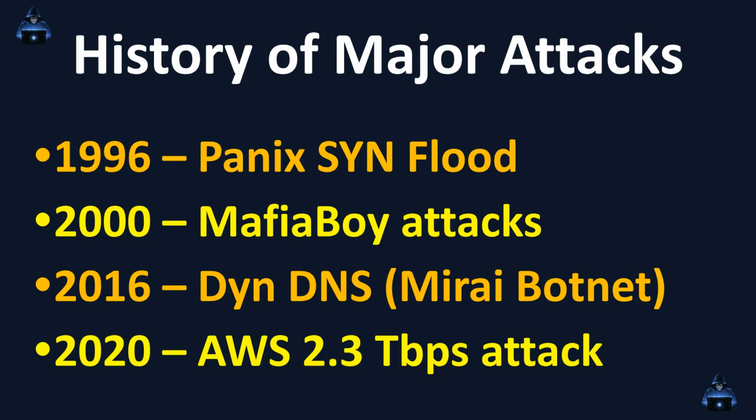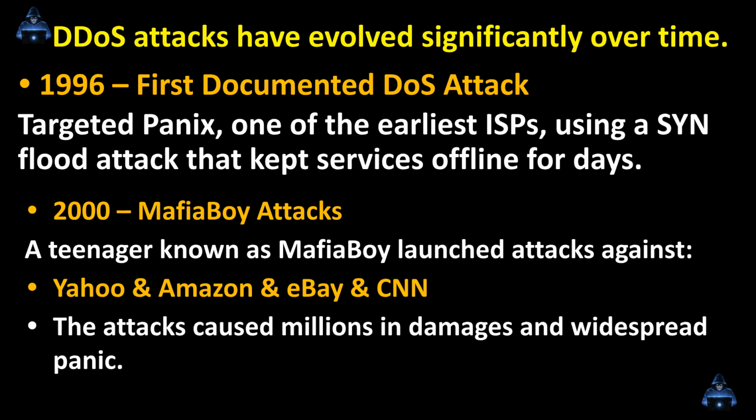Major attacks have occurred throughout history, including the 1996 Panix SYN flood, the 2000 Mafiaboy attacks, the 2016 Dyn DNS attack, and the 2020 AWS 2.3 terabits per second attack. DDoS attacks have evolved significantly. The first documented DoS attack in 1996 targeted Panix.